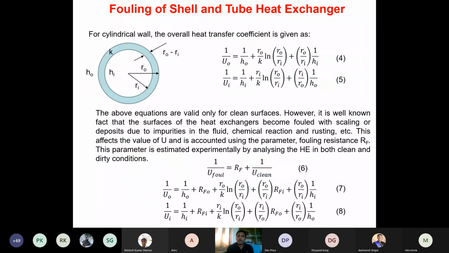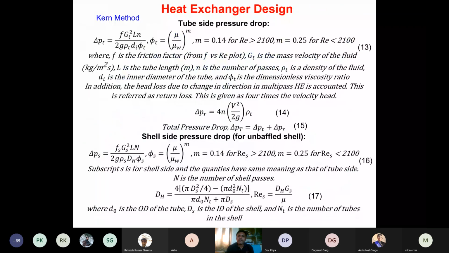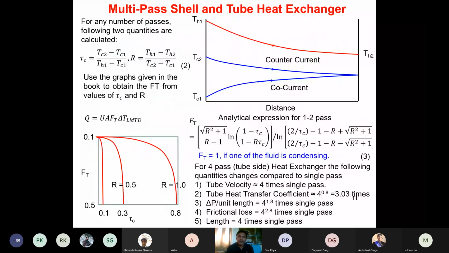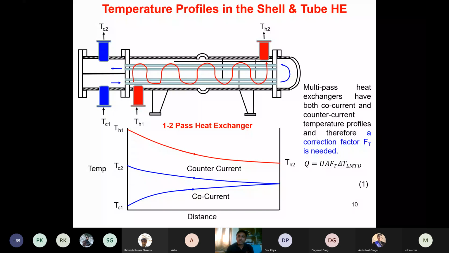Okay, so the most important thing is that we have looked at the design of shell and tube heat exchanger, isn't it? So there are two commonly used design procedures of shell and tube heat exchanger. One is the LMTD method, and the other one is the effectiveness NTU method, isn't it? Correct?